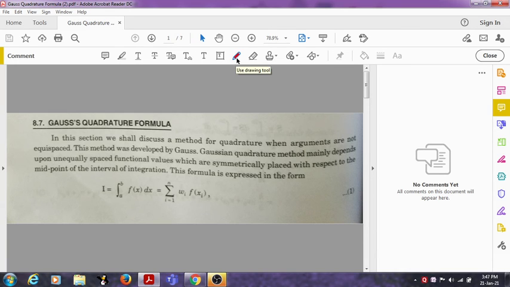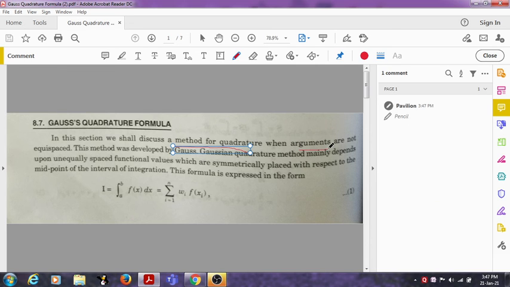Gauss quadrature formula comes under the method of quadrature when arguments are not equally spaced. We have already done Newton-Cotes quadrature formula, which is applicable when arguments are equally spaced.